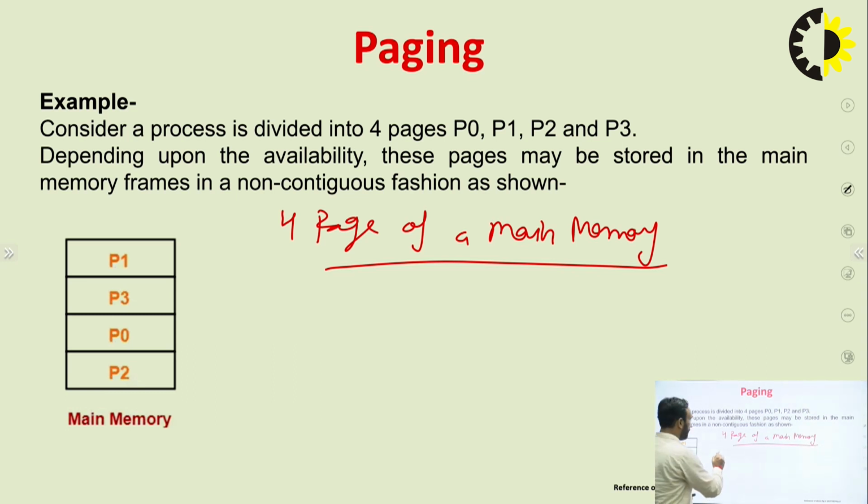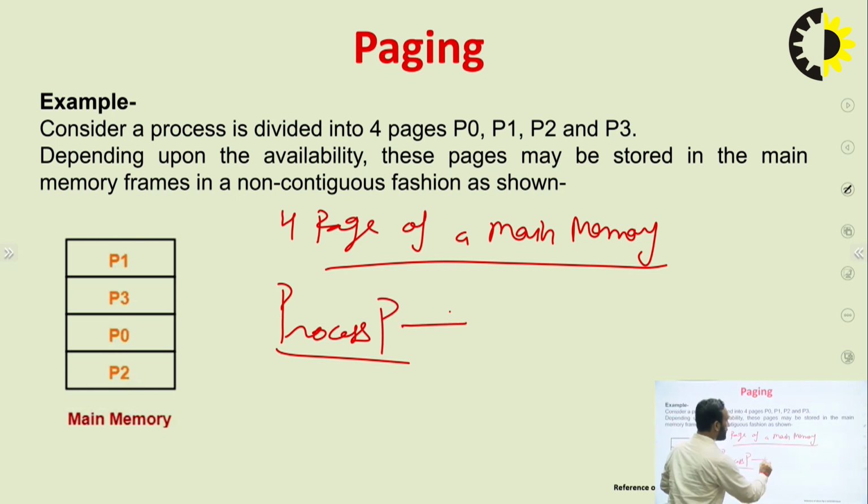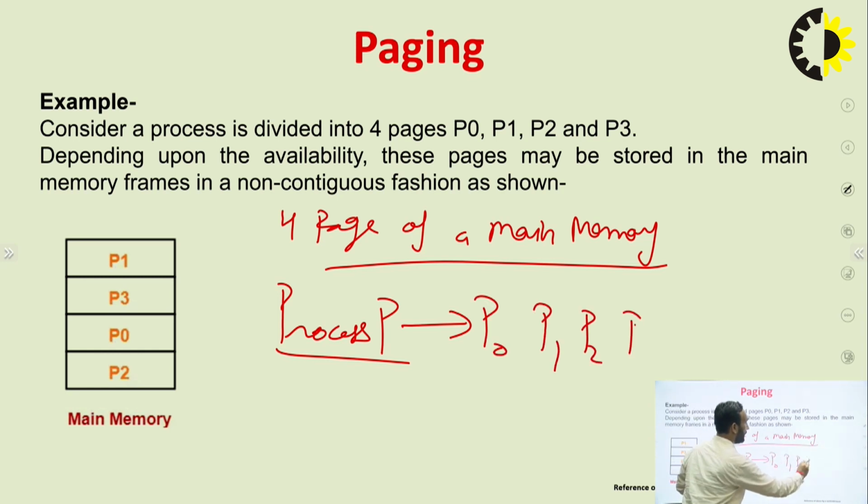So if we have a process P and it is divided into 4 pages, P0, P1, P2 and P3, now it will be placed into main memory. As given in the figure, I mark the frame numbers F0, 1, 2, 3.